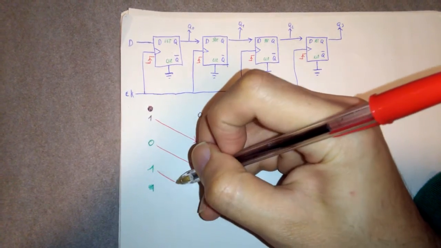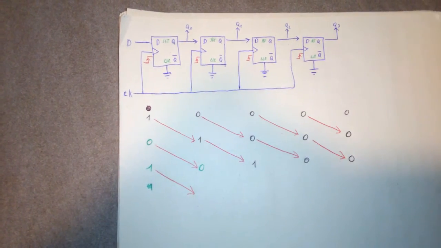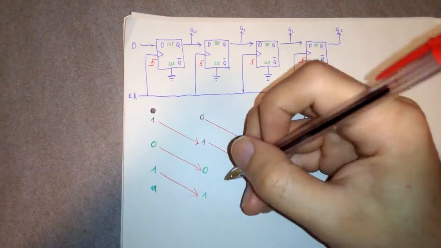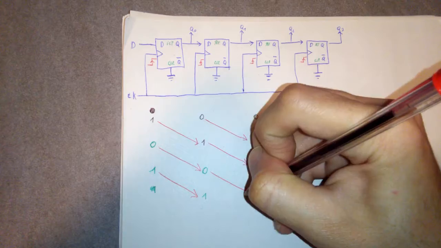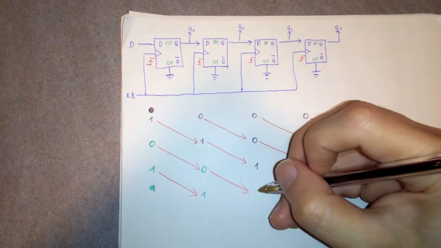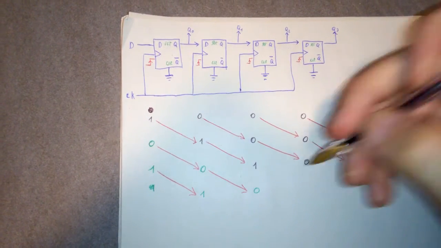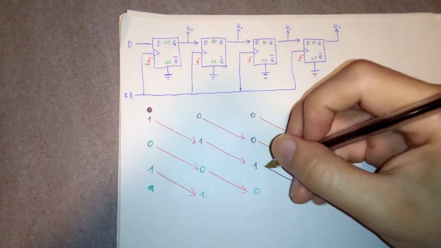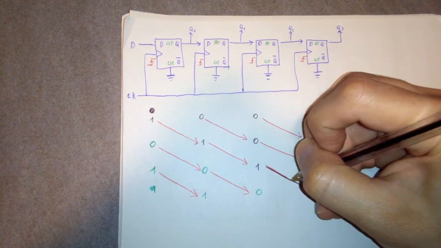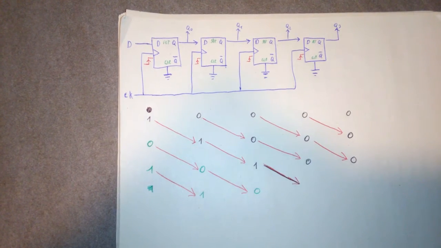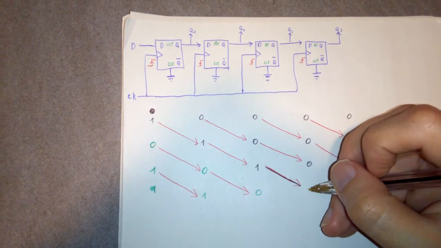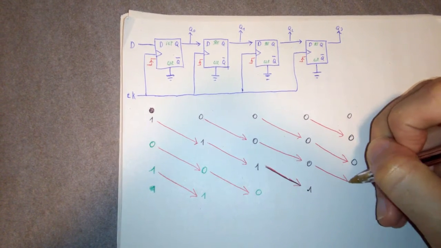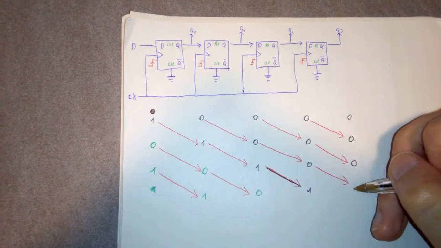This one is going to be shifted here, and D0 is going to be shifted here, and this one is going to be shifted here. Whoops, I should have really used the red pen. Shame on me. So 1, and D0 is going to be shifted, so we get a 0.